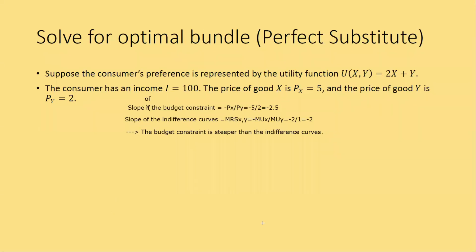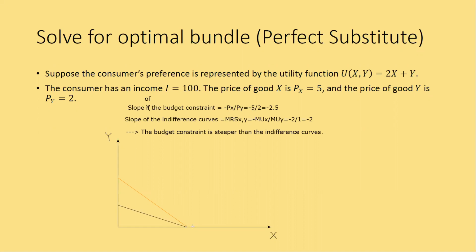And recall the graph that we have drawn. When the budget constraint is steeper, does the consumer consume all of good X or all of good Y? Well, if the budget constraint is steeper, say like this, and the indifference curves are not as steep, right? So the indifference curves will be something like this.